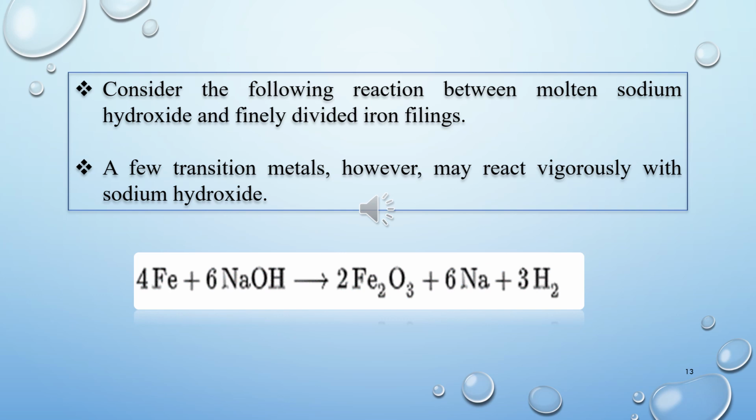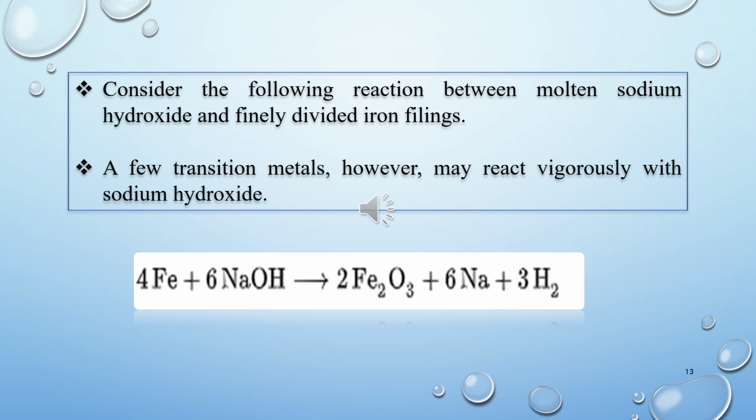So, dear students, in the reaction of sodium hydroxide with metals and metal oxides, we have discussed that sodium hydroxide will damage glassware, and that sodium hydroxide will not react with iron at room temperature.